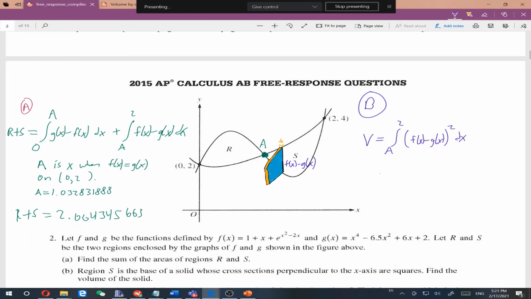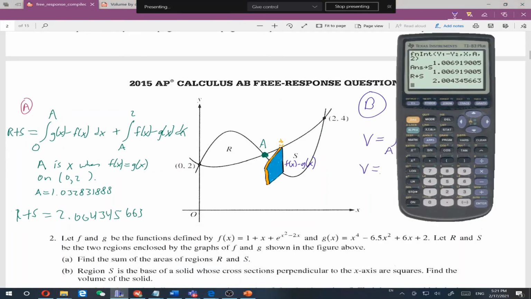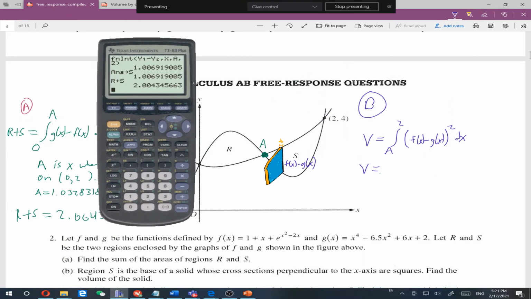Perfect. And then because we've already got a defined and f of x were given, we should be able to type this in our calculator, get an answer, and we'll be done. So this is math 9. We're going to integrate f of x minus g of x squared. So this is variables y variables function y1 minus variables y variables function y2 squared in terms of x from a to 2.